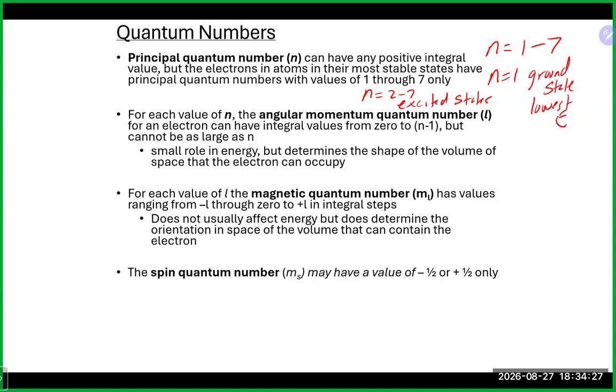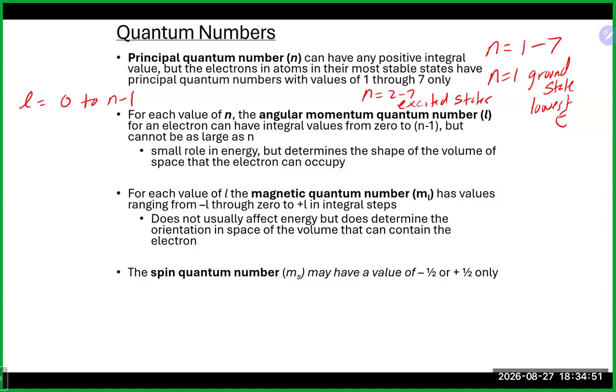Now, for every value of n that you have, you can have an angular momentum quantum number, which is L. And L will have values of 0 to n minus 1.